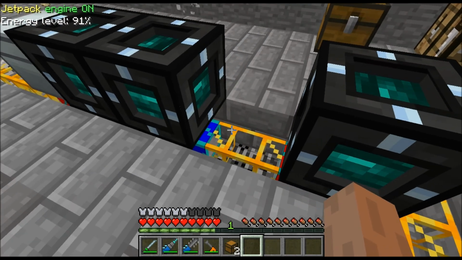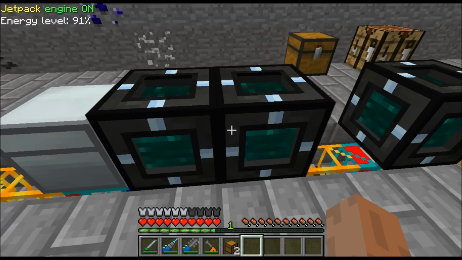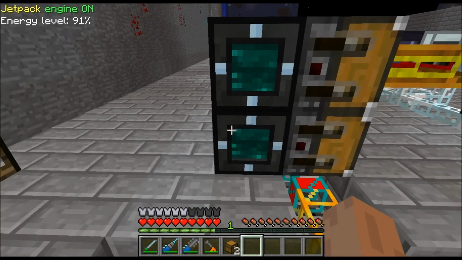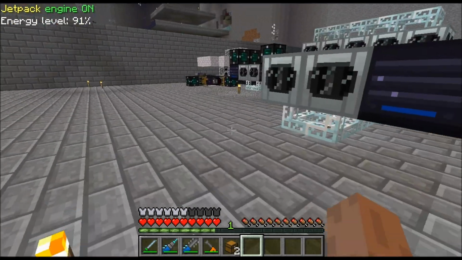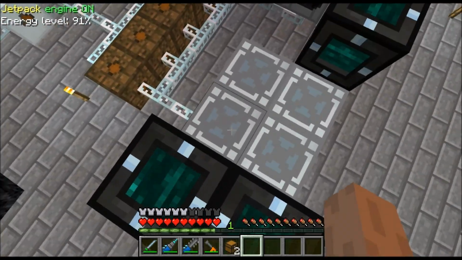Any helium cells that get pulled out of the reactor as waste get sent over to my helium processing area, where they are converted into helium-3. So if we go back over here, this guy right here is my helium processing unit.